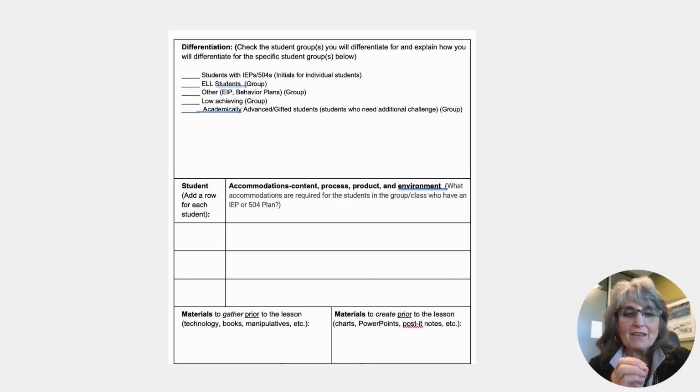Now, if it's for a group of students, let's say, I taught in Texas, I always had a group of ELLs. So for my ELLs, it would be a group of ELLs, and I would then write how I'm going to meet their needs.